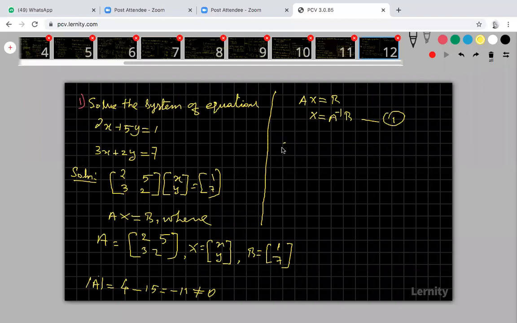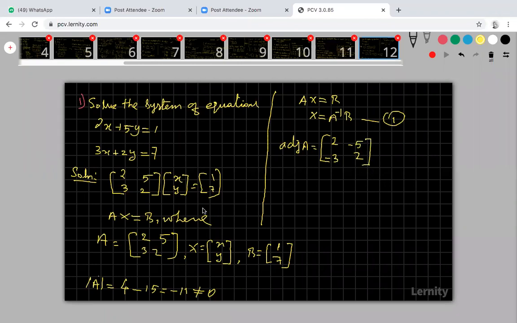So how to find the adjoint of A? As I have already told, interchange these two elements and change the sign of these other two elements: minus 3 and minus 5.